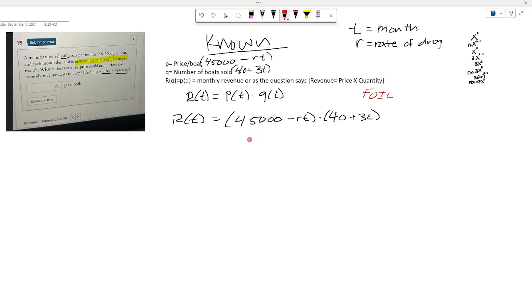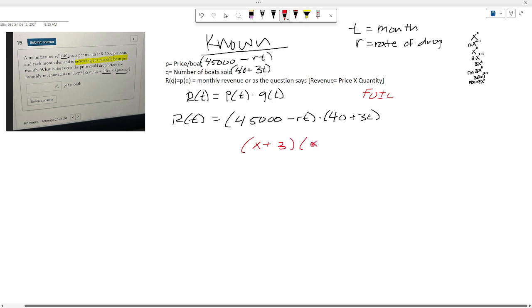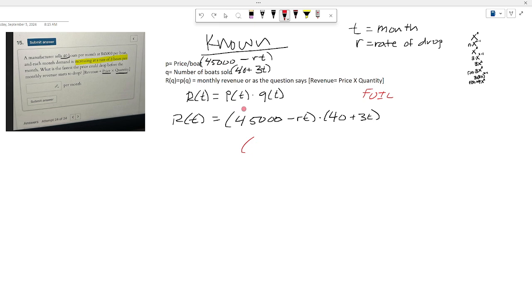So we can act as if it was something like this, which would equal this. And that's because of FOIL. So we're going to use FOIL in this case to help us simplify the equation. This won't solve anything. It will just simplify it, so then we can solve.